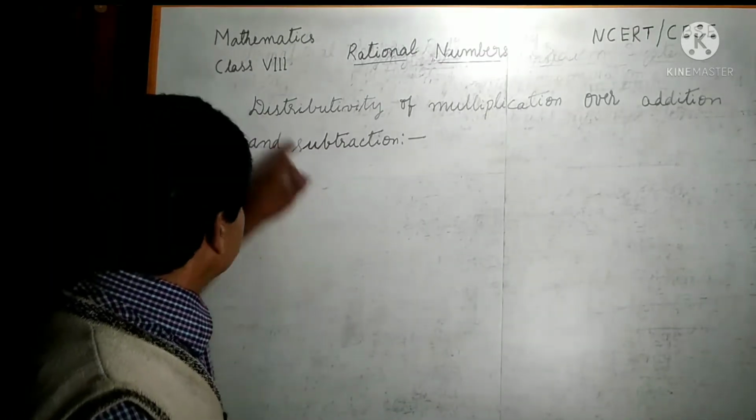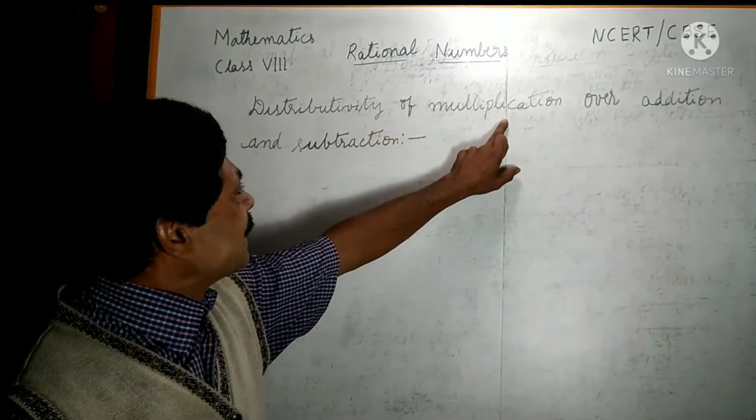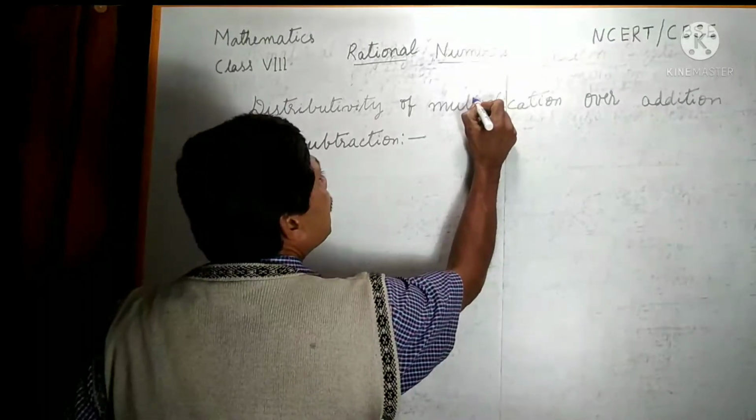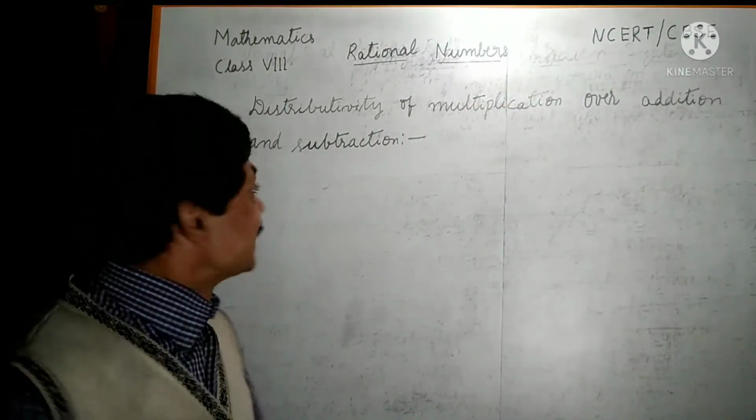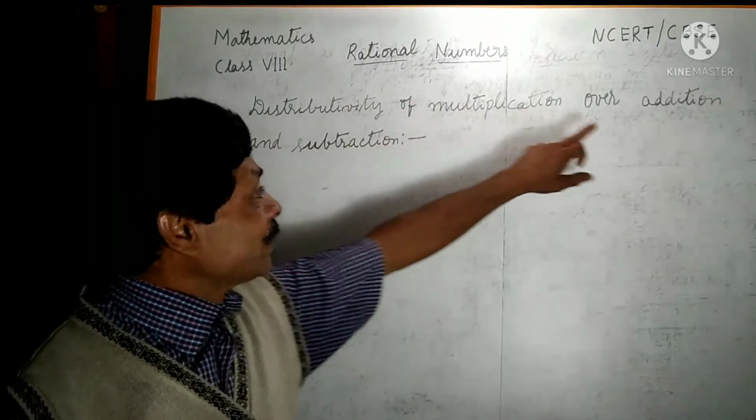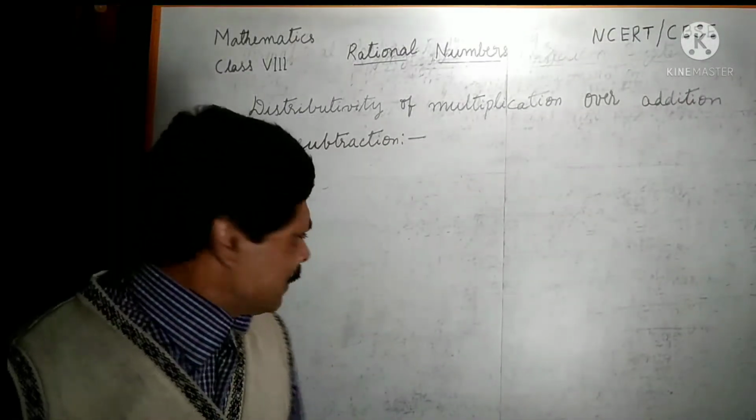Next is distributivity of multiplication over addition and subtraction. First, let us take distributivity of multiplication over addition.